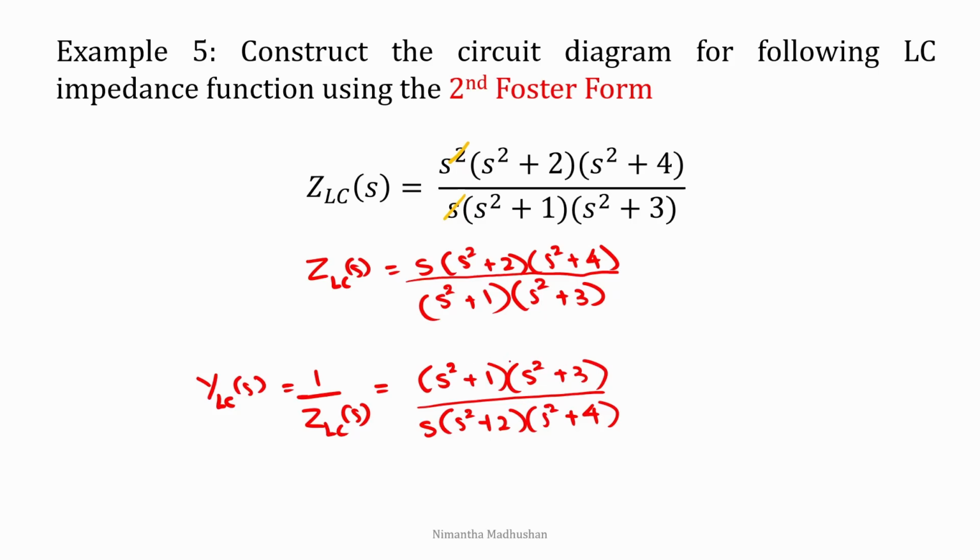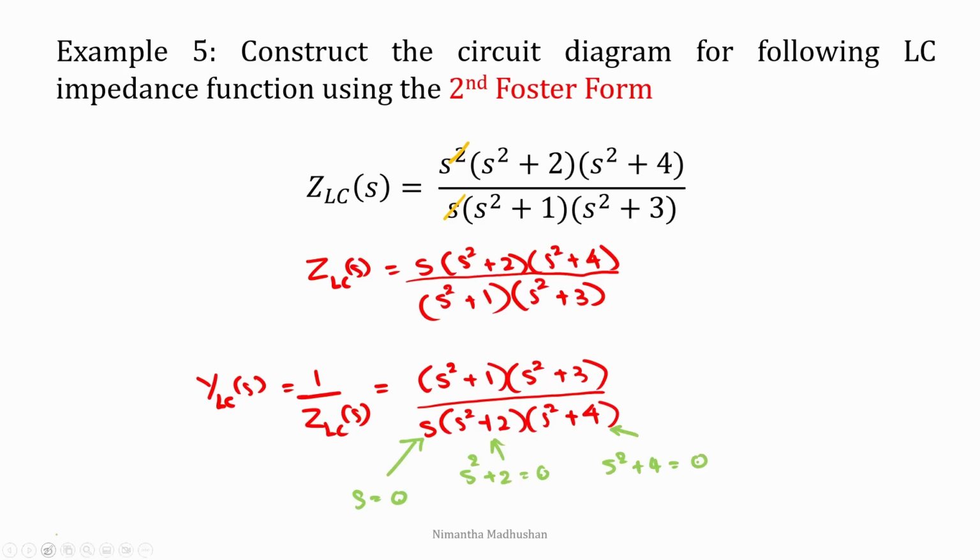Now we apply the partial fraction expansion. The maximum power of s in the numerator is 4, and in the denominator is 5. We can find the poles using the roots of the denominator: s equals 0, s squared plus 2 equals 0, and s squared plus 4 equals 0.